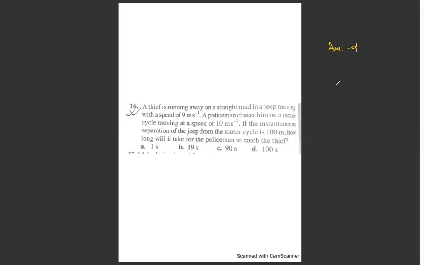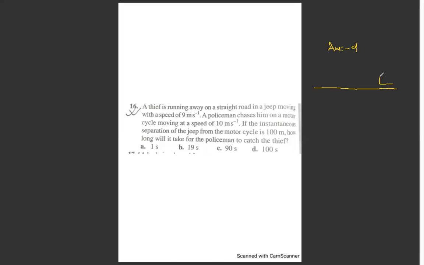A thief is running away on a straight road in a jeep moving with a speed of 9 meters per second. A policeman chases him on a motorcycle moving at a speed of 10 meters per second.